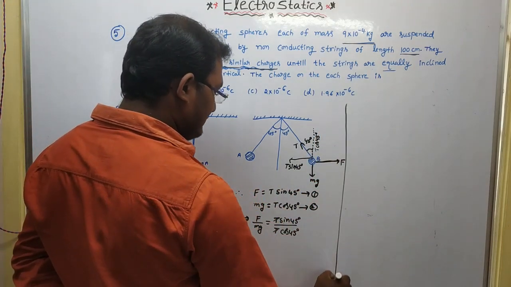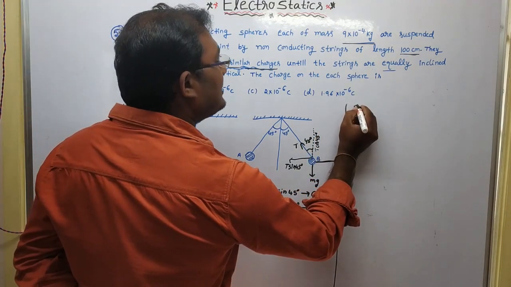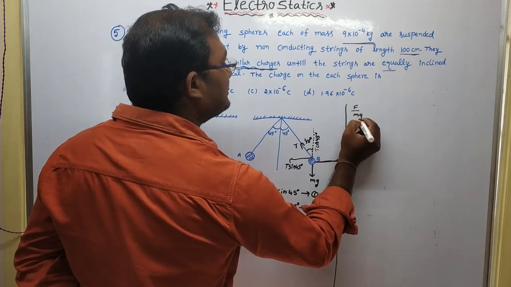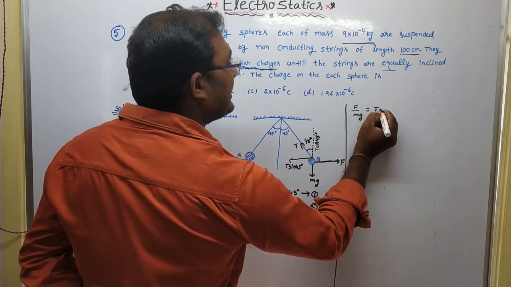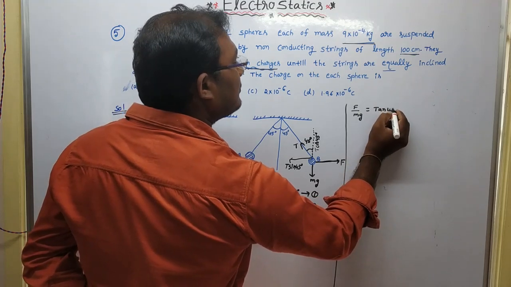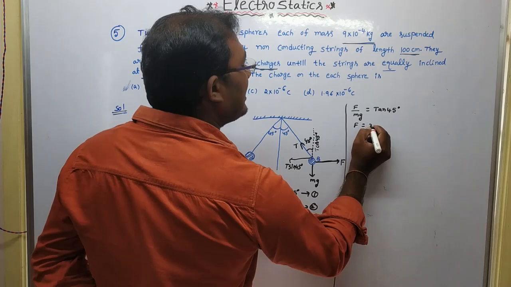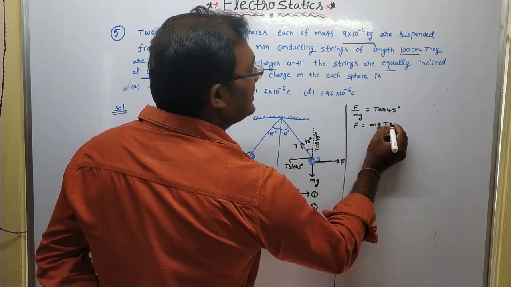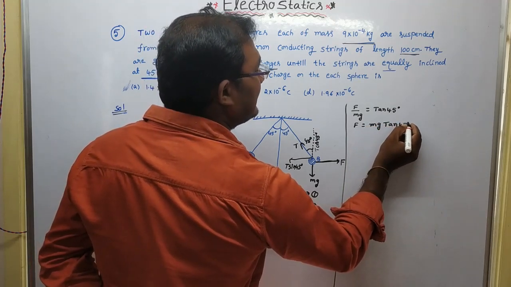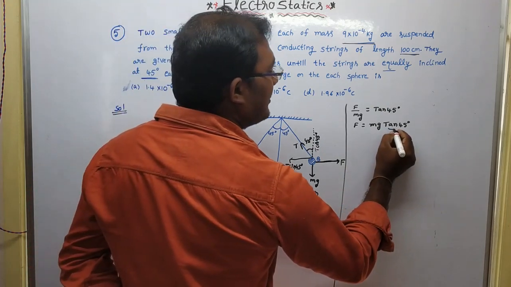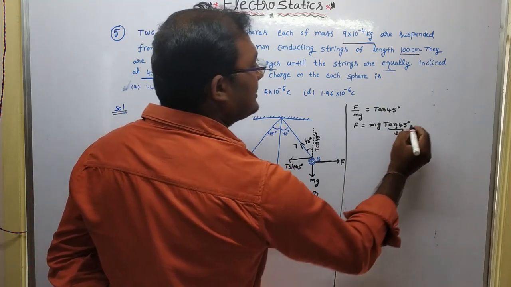Therefore, F by mg equal to tan 45 degrees. F equal to mg into tan 45 degrees, and tan 45 equal to 1, so F equal to mg.